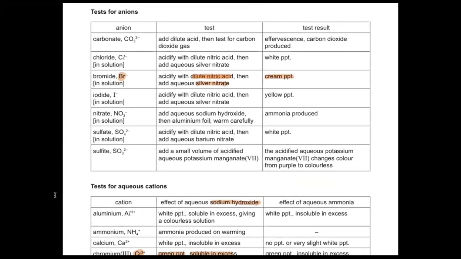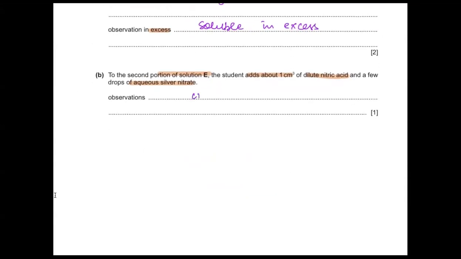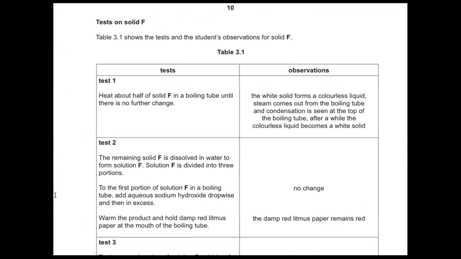So there is a bromide, and I'm going to mention the observation that we are getting a cream precipitate. Is this clear? Yes, sir, it's clear.